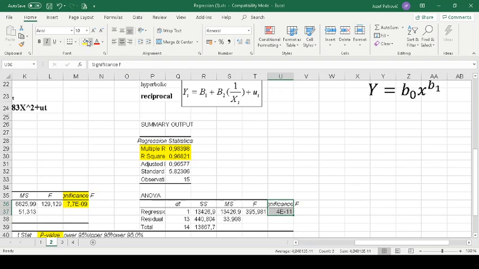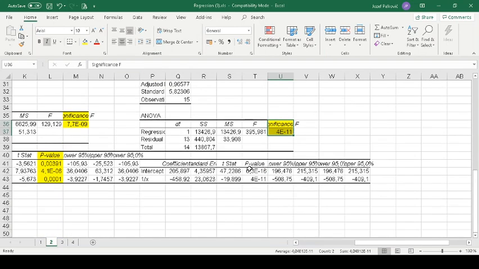Function is significant because significance F is smaller than 0.05. Both p-values are smaller than 0.05. Regression coefficients are significant, and these are estimated regression coefficients.